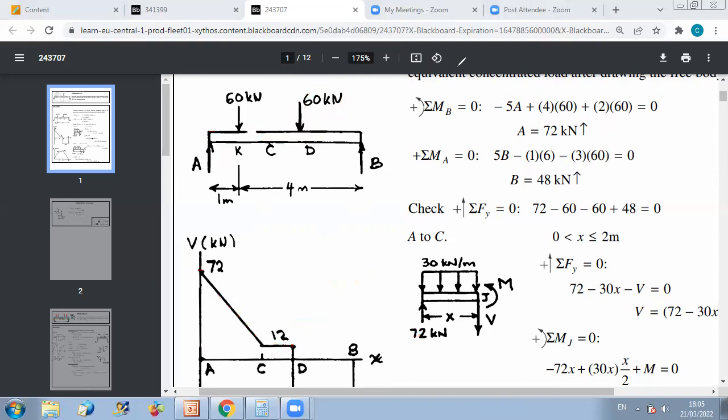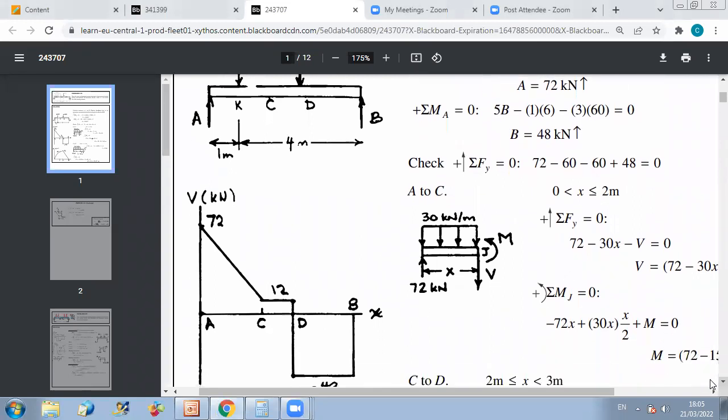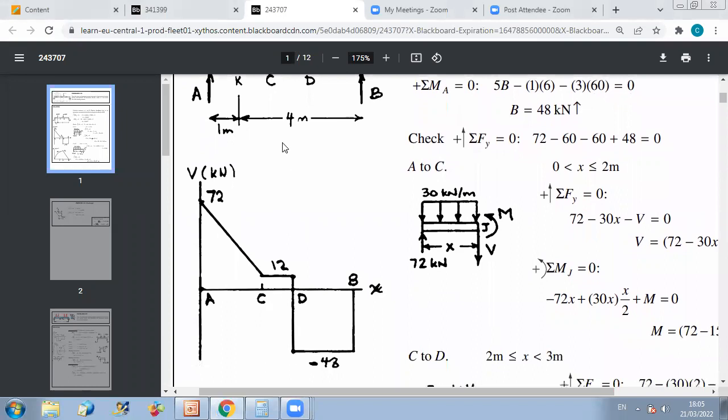Since the shear was equal to 12 and it should drop 60, then of course, just after D, the value will be minus 48. We call the point just before D, D minus, and the point just after D, D plus.